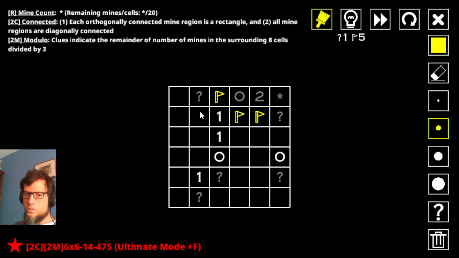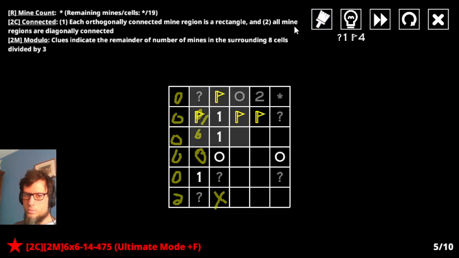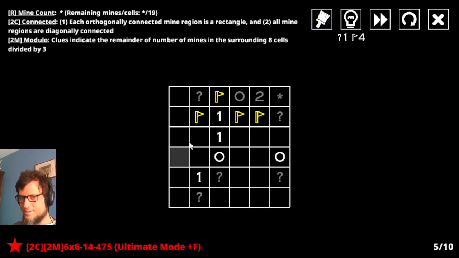So is there a world in which, like, this isn't a mine? What a world that would be, because now this entire section is isolated from the rest of the mines by this wall here. And then, like, oh, you need this, and then, okay, so no, there's not a world where that's not a mine.